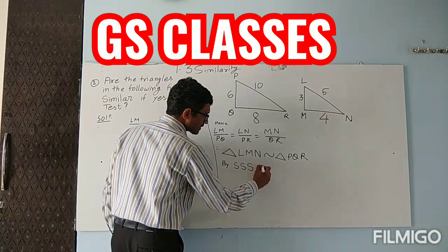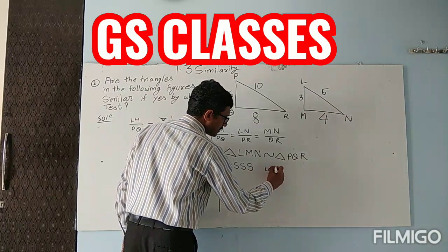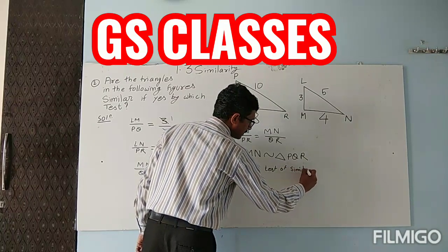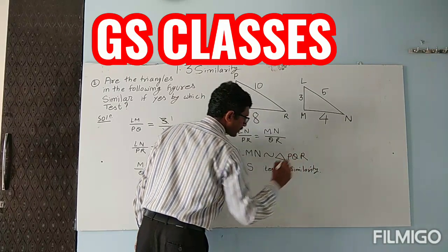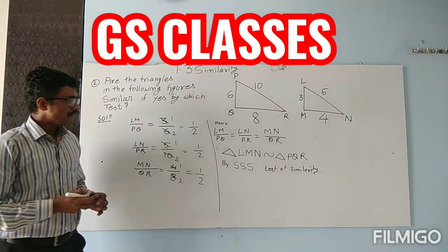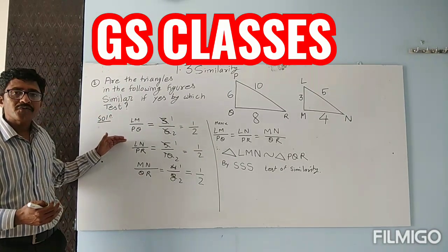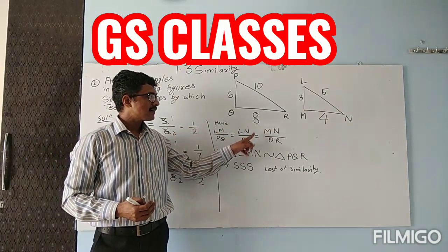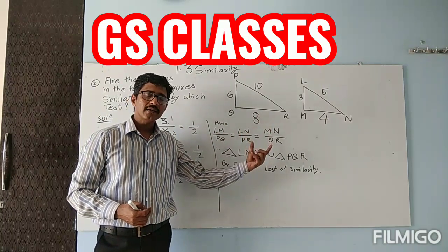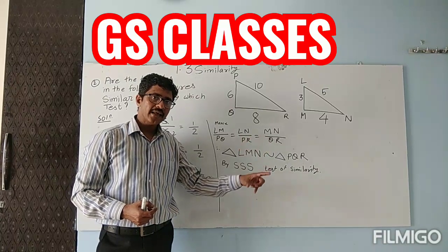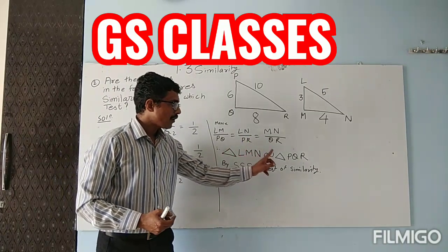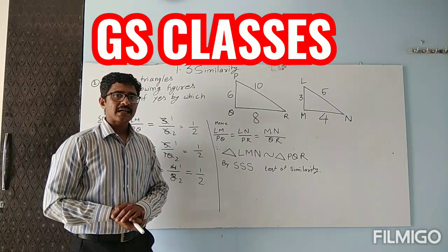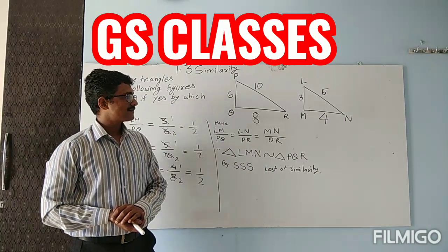SSS test of similarity. So children, if the ratio of their corresponding sides are equal, then triangles are what? Similar. Okay, so let's start with another question.